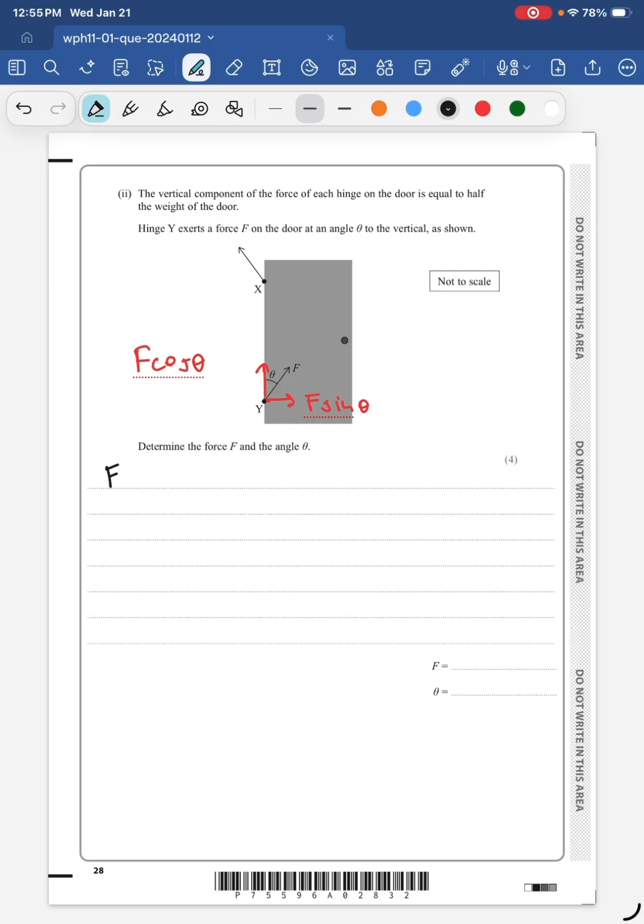So we can just write down Fy is equal to 37.96. Therefore, F times sine theta is 37.96 newtons. And then they tell us that the vertical component, F cosine theta, is equal to half the weight, so mg over 2.